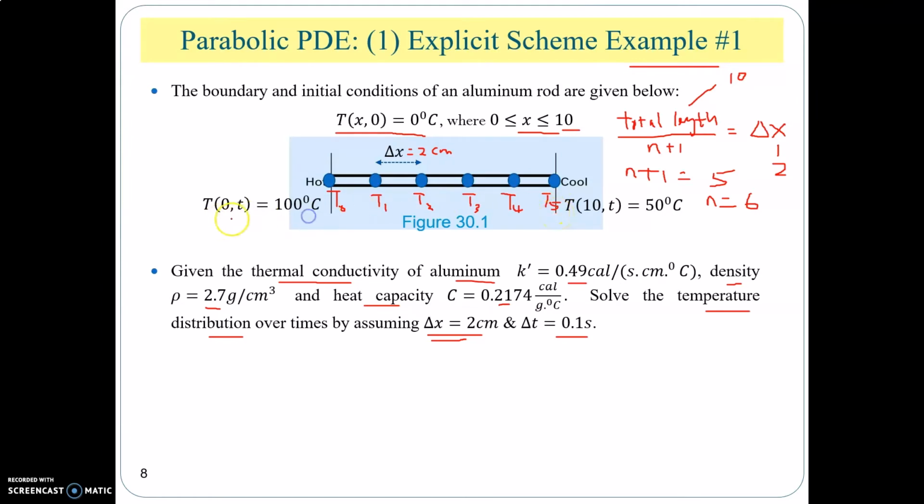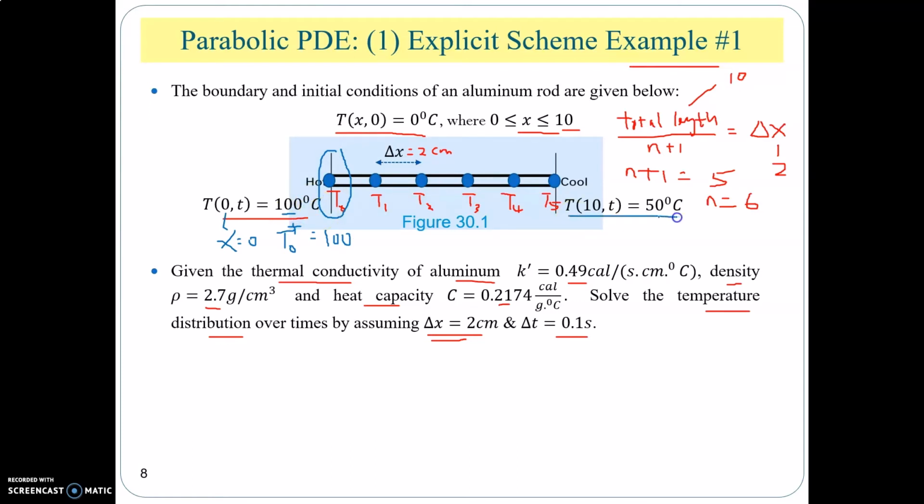The boundary condition is given by this, meaning that at x equal to 0 for all the time the temperature is 100. So it means that at x equal to 0, your temperature T_0 for all the time will be equal to 100. So we should expect that at this point, the temperature will always be equal to 100 degrees Celsius.